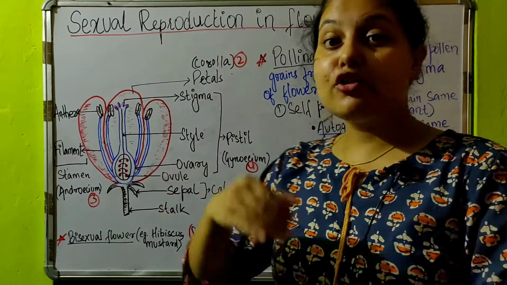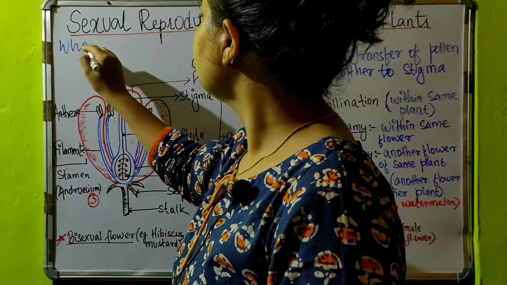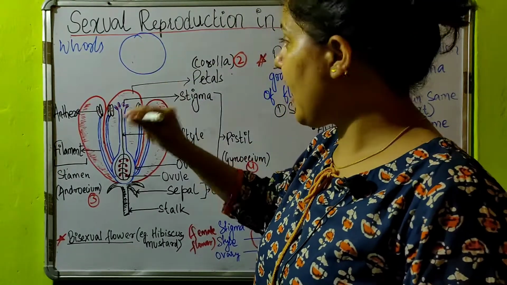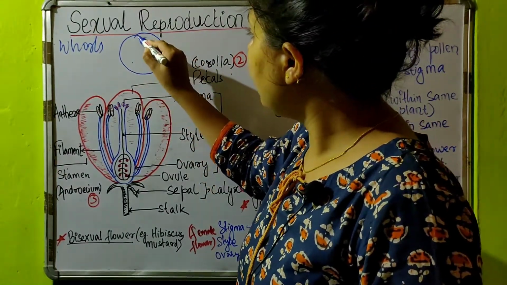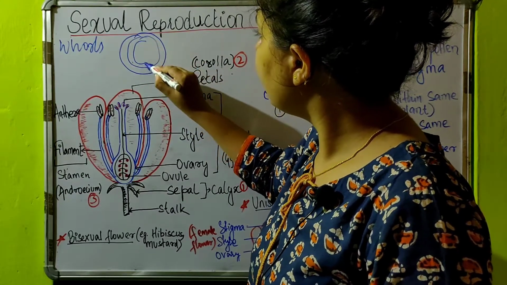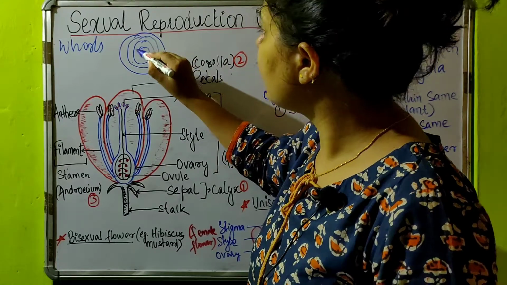Now let me explain to you about whorls. What are whorls? You see, I have made a circle, and the next one and the next one, 1, 2, 3, and the next one, 4.